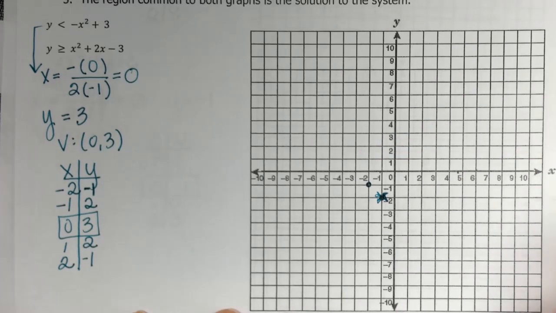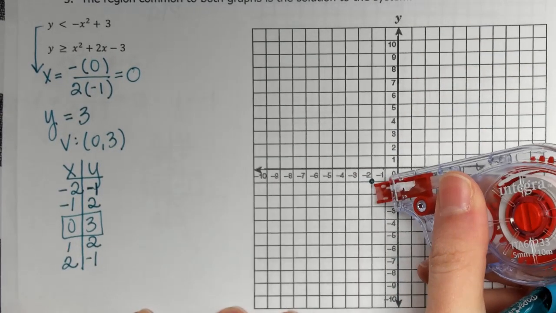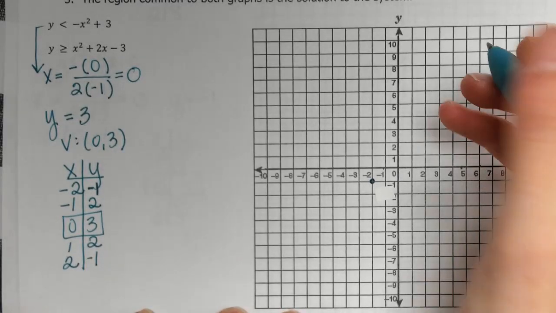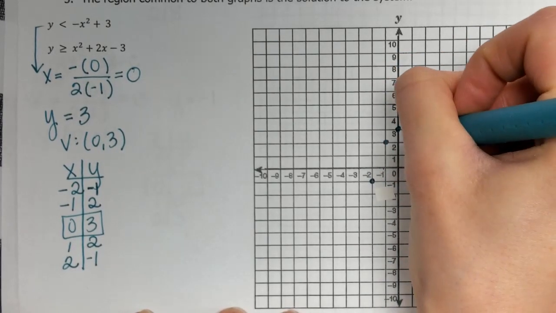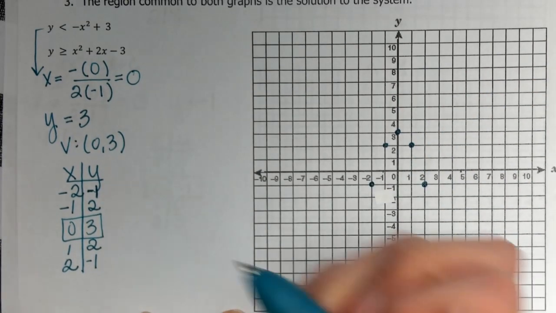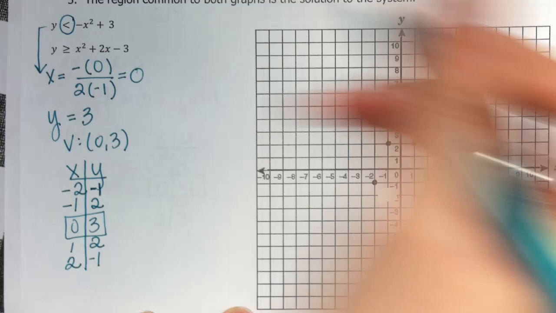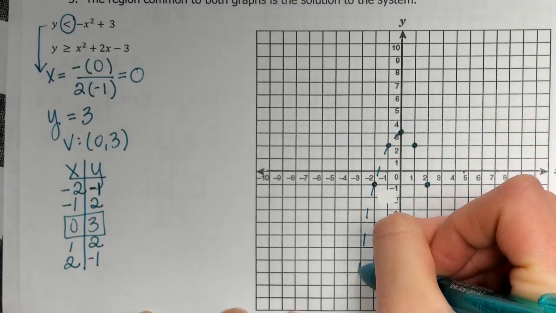I've just plotted the wrong point, so ignore mine right there. Now for this one, my inequality is just less than, so that's going to make it a dashed boundary line.